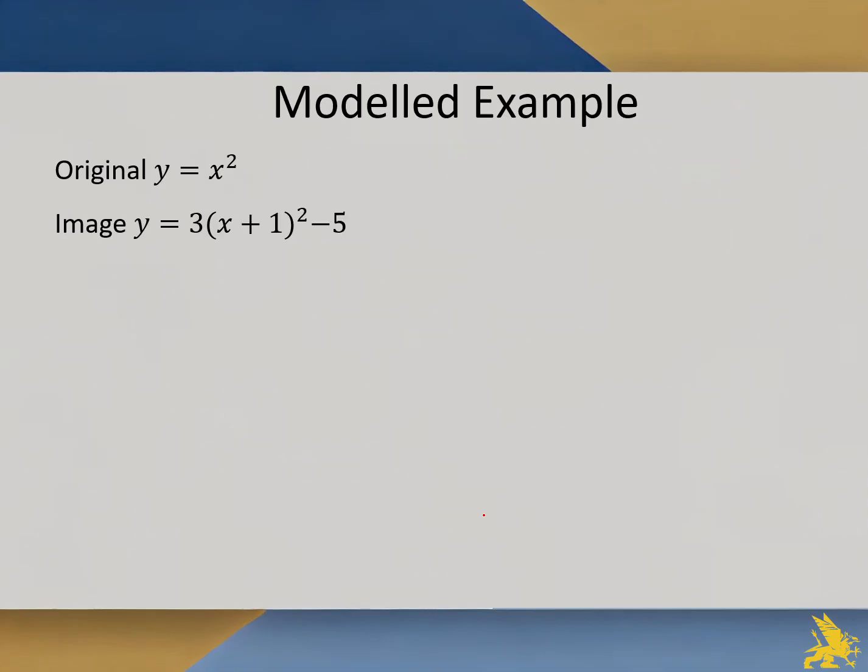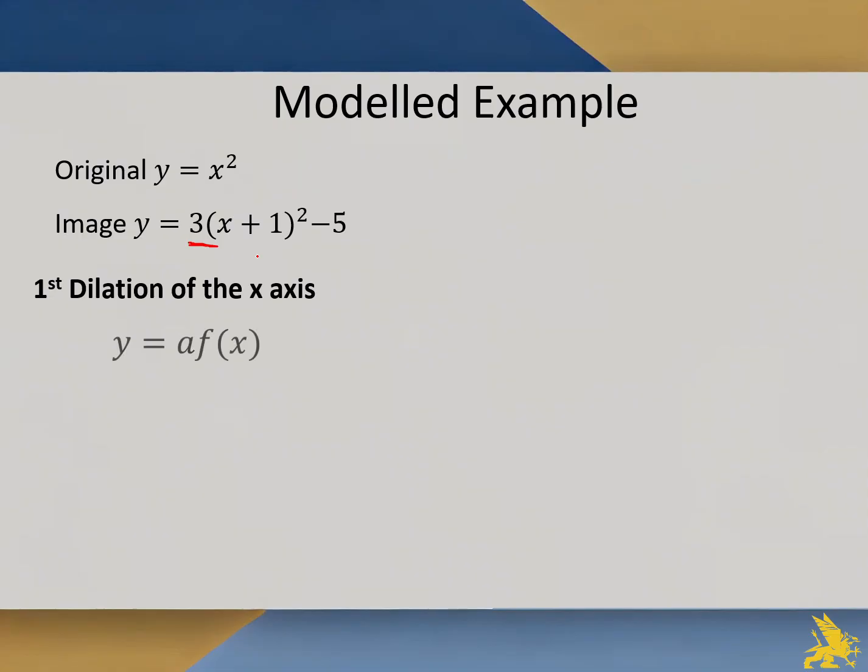So let's look at this. We've got an original graph of y equals x squared, and we need to think about getting the image. The first thing I'm wanting to think about is Dr. T. So D is dilation. Straight away I can see that I'm going to have a 3 out the front. So I've got a dilation from the x-axis.